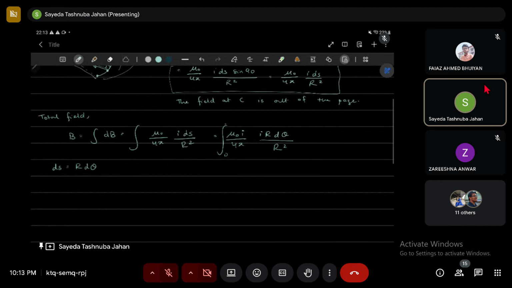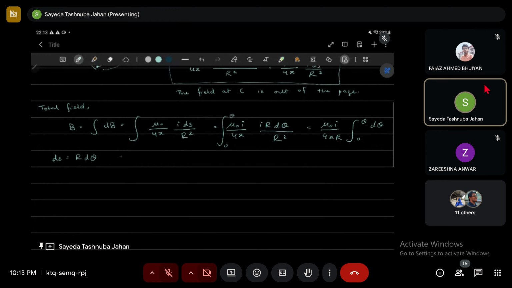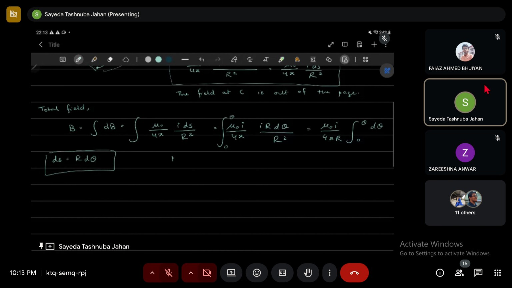So in that case the limit will be 0 to theta, and therefore you rearrange this expression where you will get mu naught I divided by 4 pi r, because এখানে r squared আছে, and the integration is just over d theta, and therefore after you integrate you will get the following. So finally you will get B as mu naught I theta divided by 4 pi r.